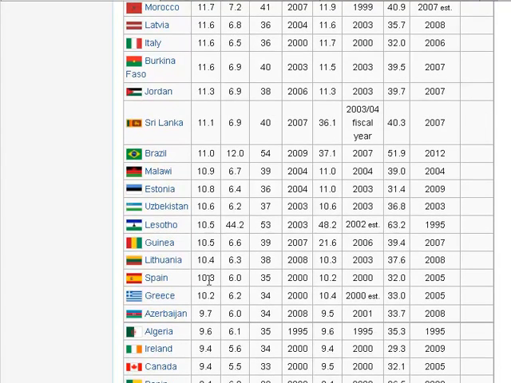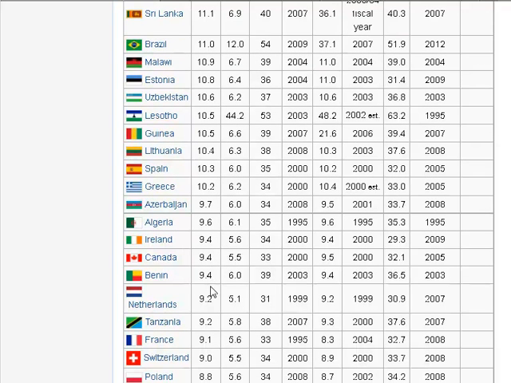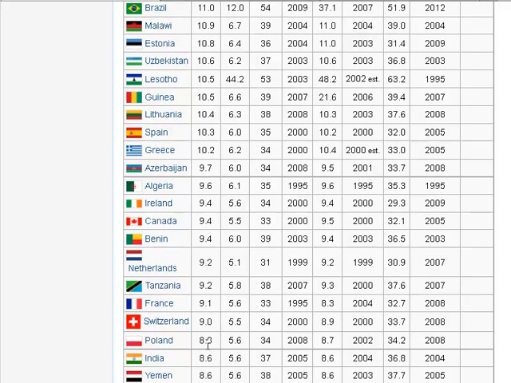There's Ireland. 9.4. So not as bad as, I suppose, the PIGS. You've got Greece, Spain and Italy above us, but we're the same as Canada. We're slightly higher than France and Switzerland.